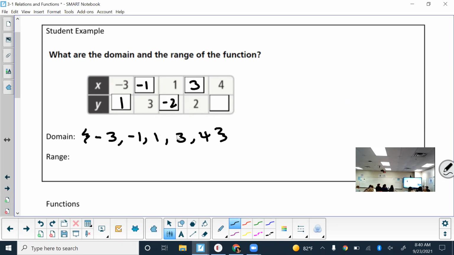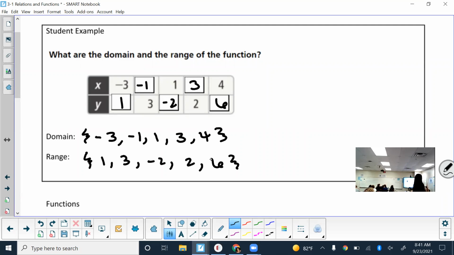There's a big difference between having $3 and -3. So just list them out. Don't write any repeating numbers. For your range, it'll be 1, 3, -2, 2, and what was that number in here? 6. All right. Any questions?